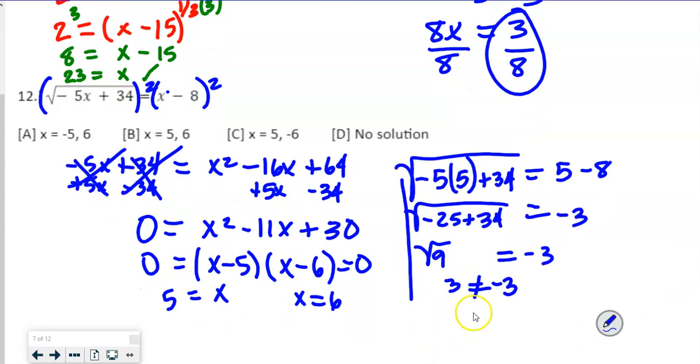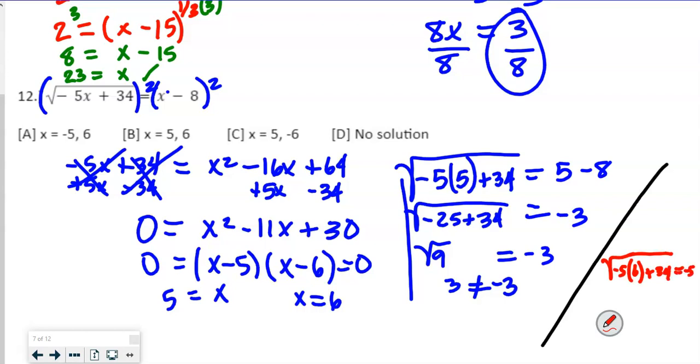I'm going to scroll down just a little bit over here and do it. We'll do it right over here, maybe, if I can fit it. So I'm going to do, again, negative 5 times 6 plus 34. Does that equal 6 minus 8?